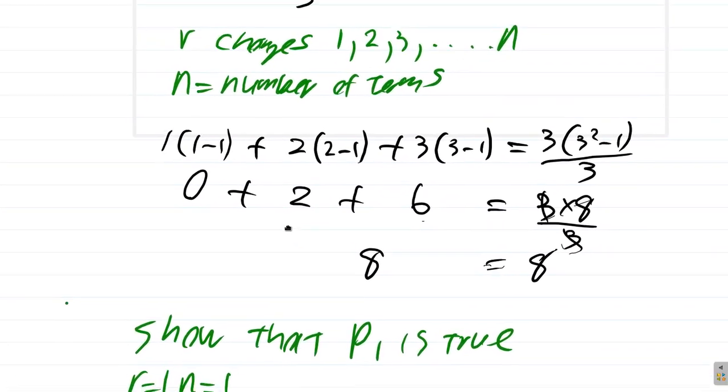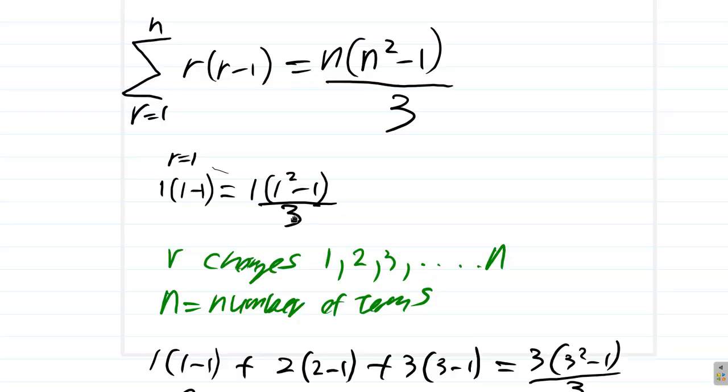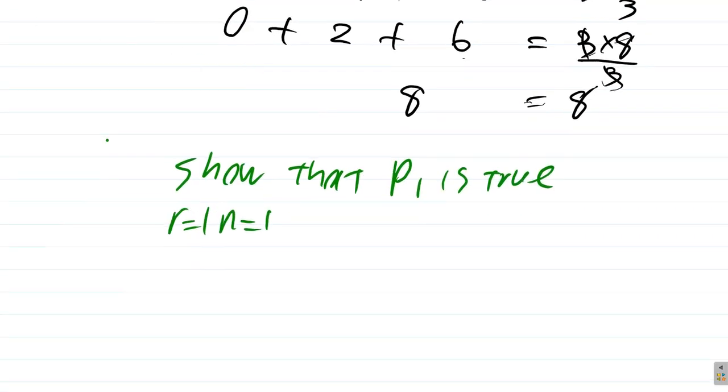Now, we're going to substitute. You have only one term, so you just say 1 times 1 minus 1.